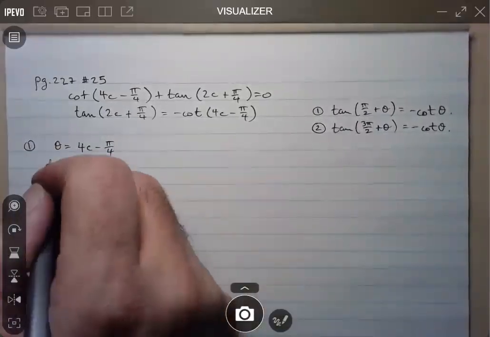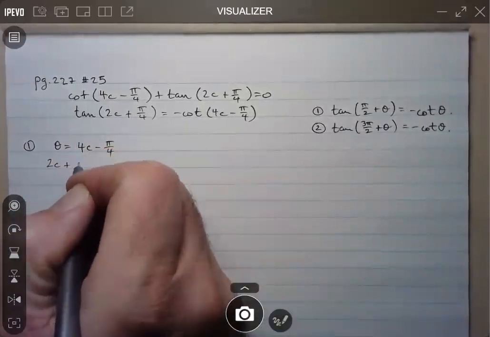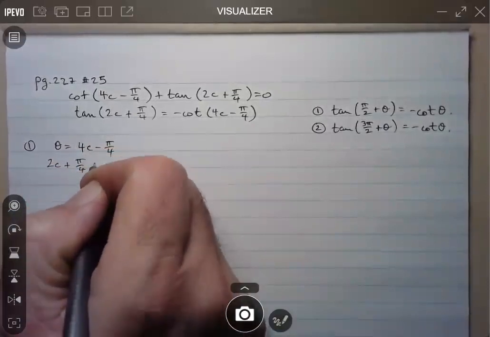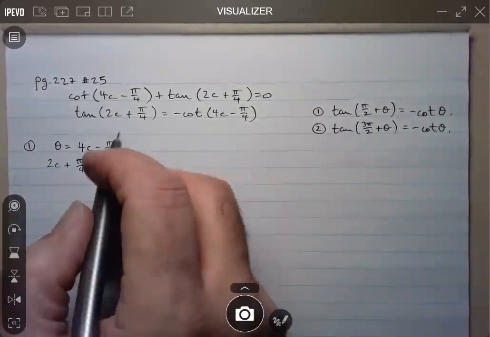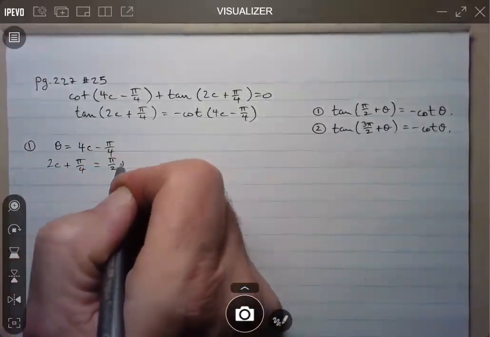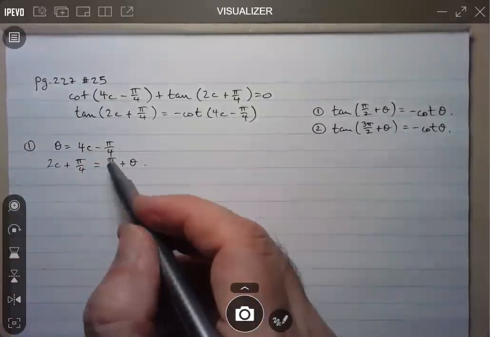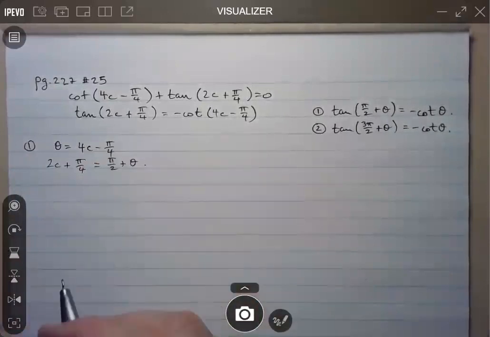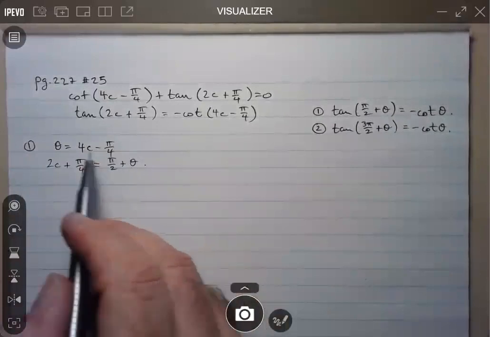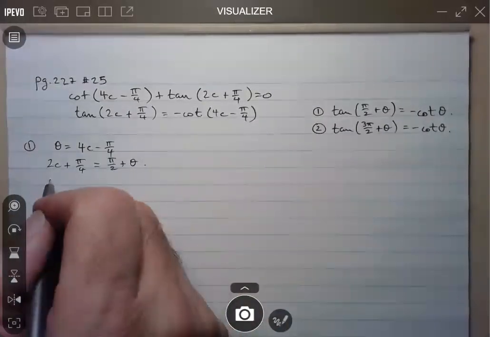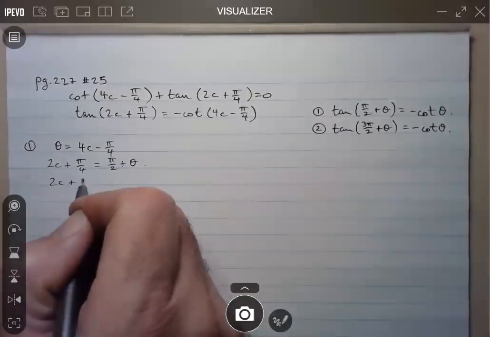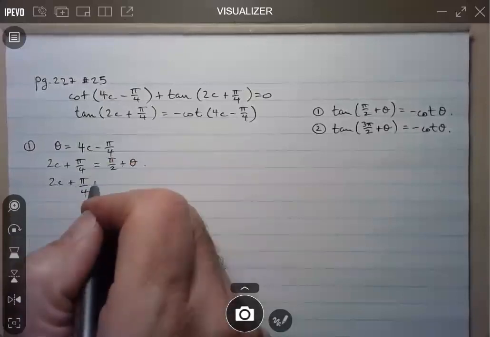So here we just make 2c plus pi over 4 equal to pi over 2 plus theta. And then we have the equality guaranteed. But essentially what we've done is we've created now a system of equations. So now I'm just going to replace theta by 4c minus pi over 4, and that gives me something I can actually solve for.